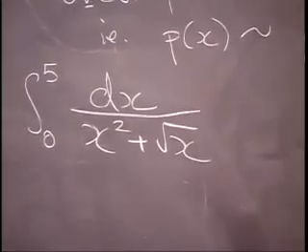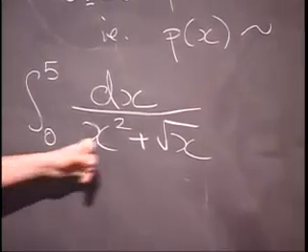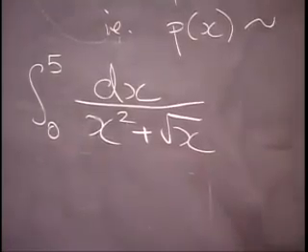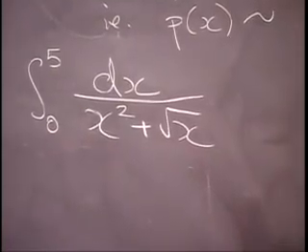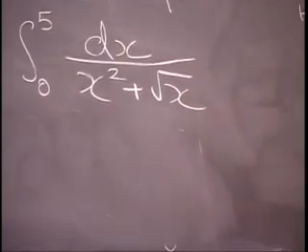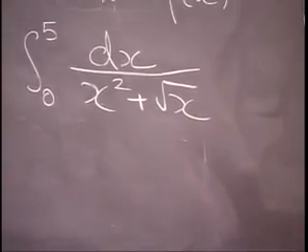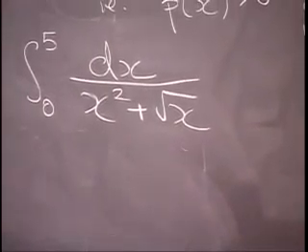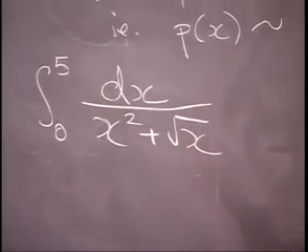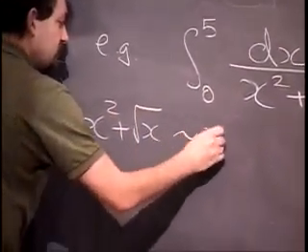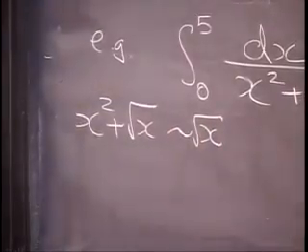So what are the powers on the bottom here? You have x squared and you have x to the 1/2. So which one is more important at 0 or near 0? X to the 1/2. The lower power dominates there. So it is true that x squared plus root x twiddles root x, the lowest power.